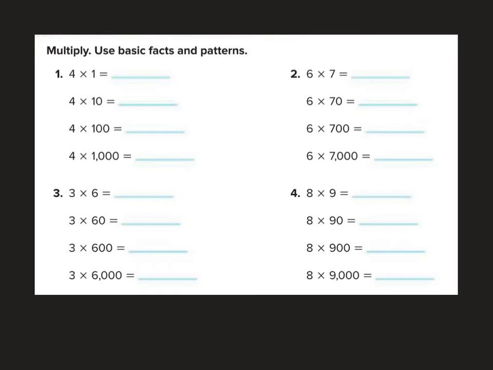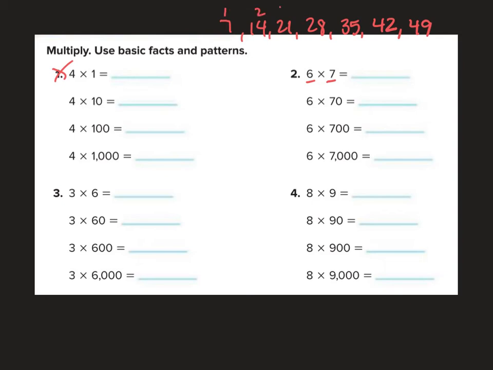Okie dokie, let's see what we've got here. Some more. I'm not going to do number 1 because we know 4 times 1. Let's do 6 times 7. Okay, so 6 groups of 7. 7, 14, 21, 28, 35, 42, 49.